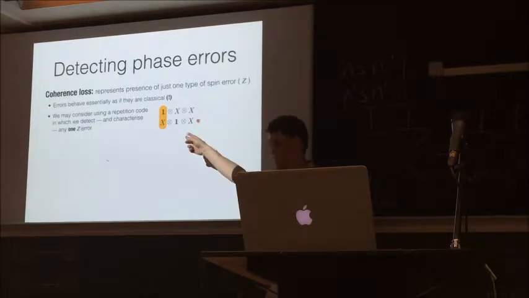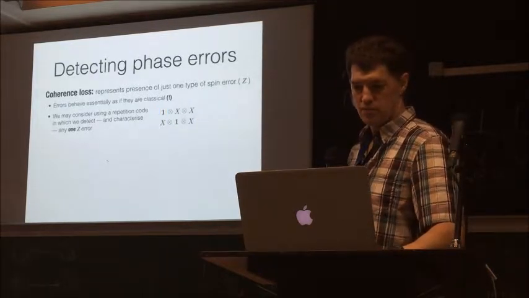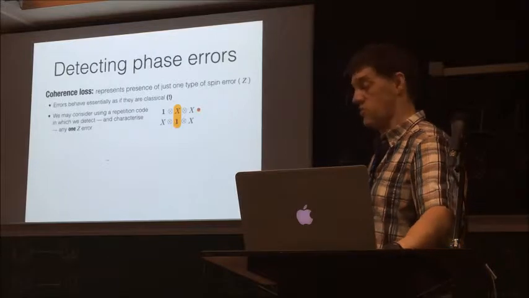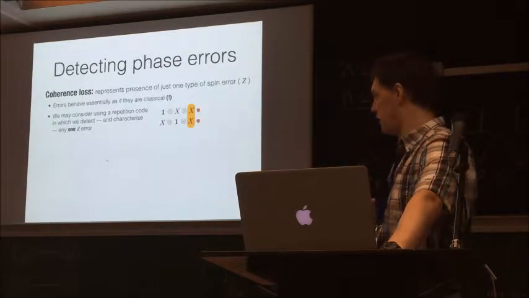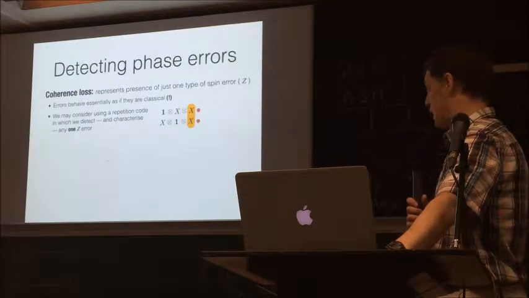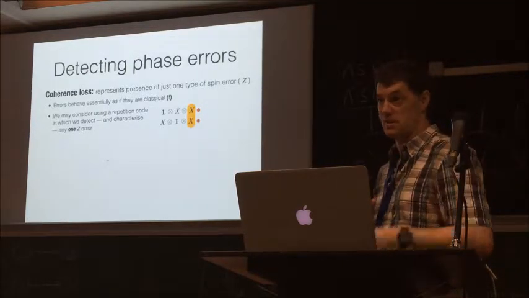This is the problem, basically, with that parity. If it occurred on the second qubit, you'd say, okay, that other constraint is now violated. If it happened on the third qubit, well, both of those constraints are violated. The important thing to notice is that depending on which qubit it happened, you get a different signature, and that allows you to determine which error happened, and you can correct it.